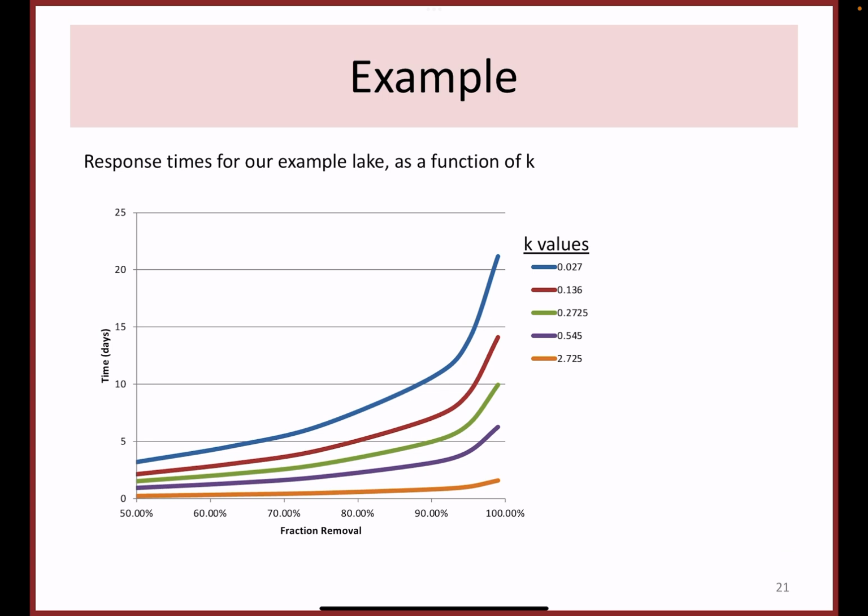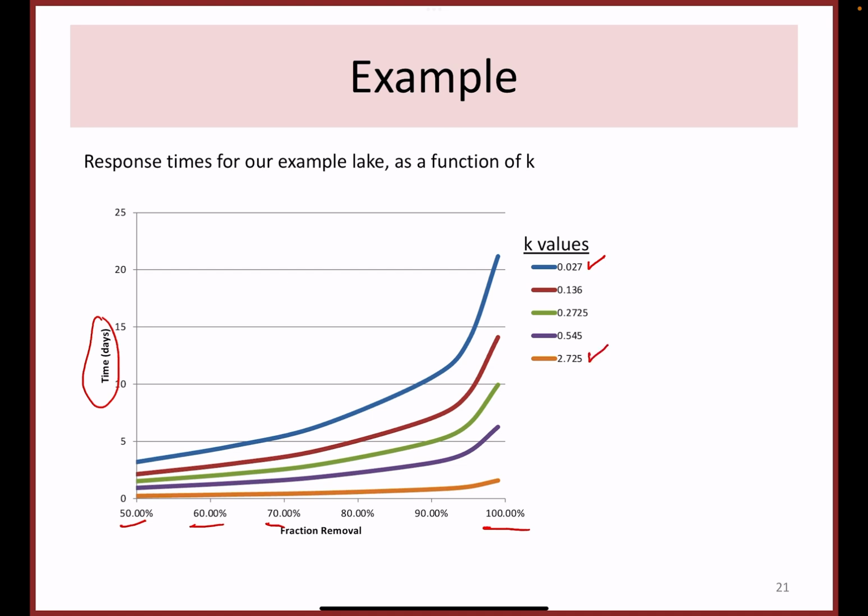And that's it. But just look at the values on this last slide, this is the response time. Fraction removal: 50% removal, 60% removal, 70% removal, 100% removal. And you can see this is the time in days that it might take to remove the following organic pollutants with the K values. Now, look at the K values, 0.0027, and look at 2.72.